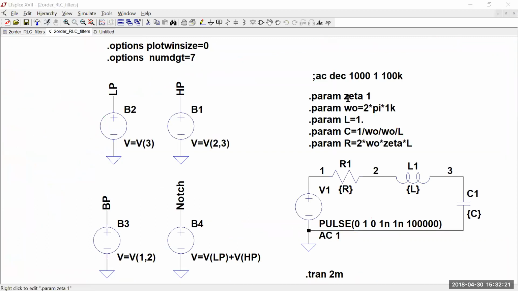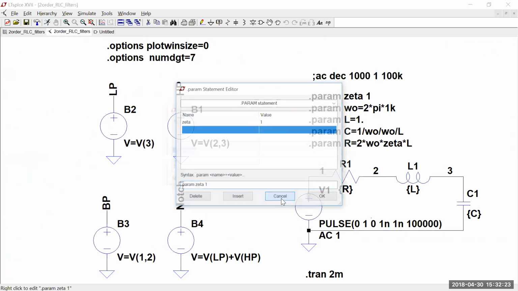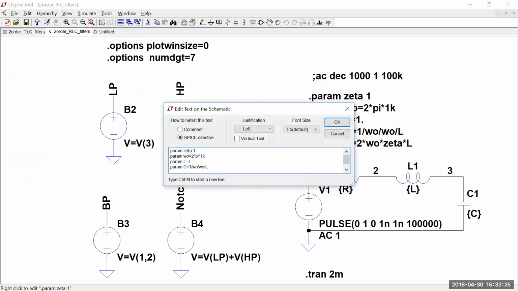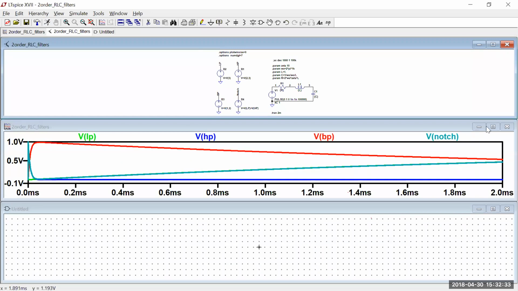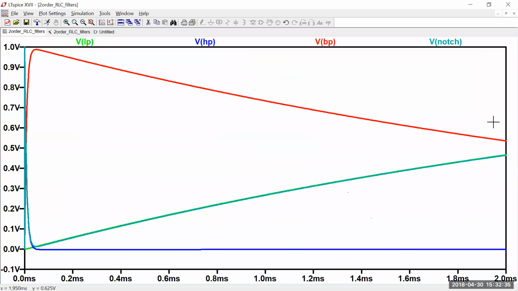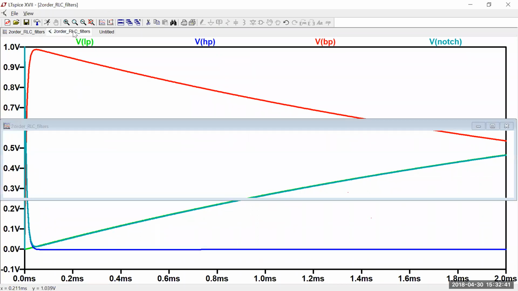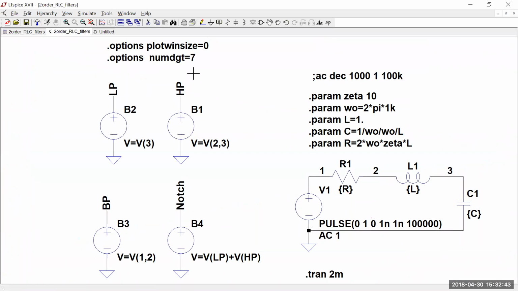Now, let's make the damping coefficient large. Okay, so because the damping coefficient is larger, yep, I have to increase how long I am going to simulate for.